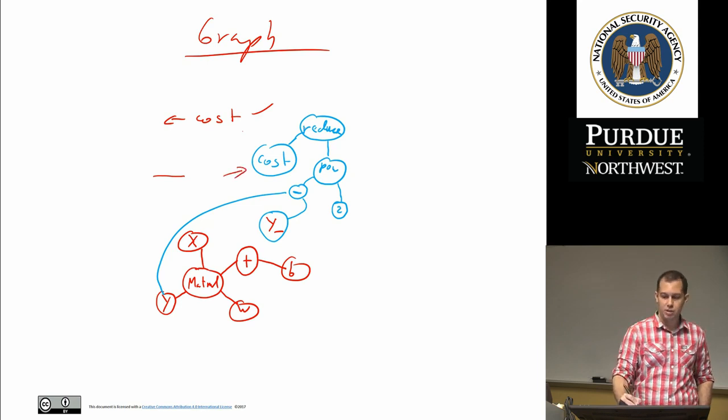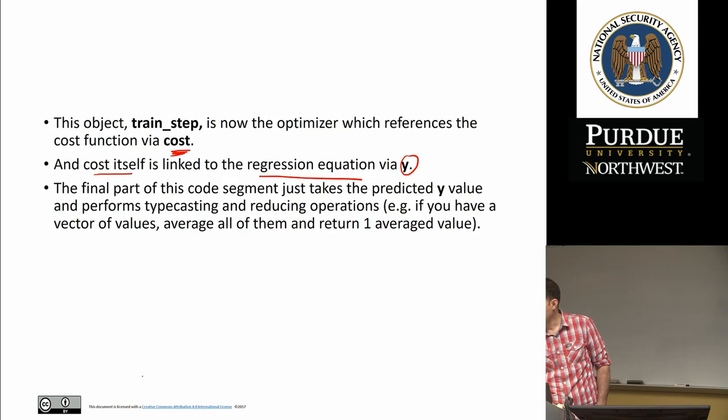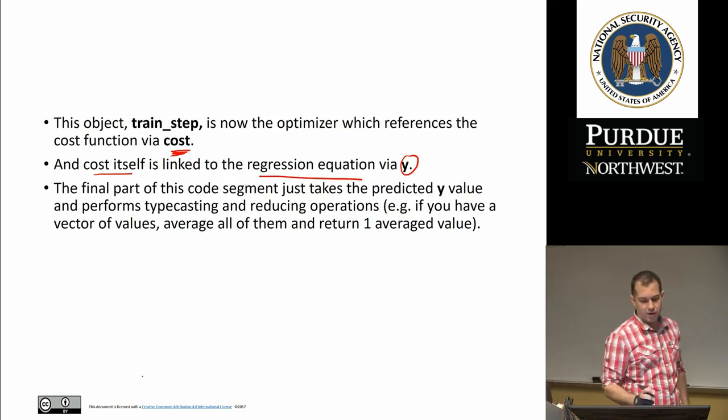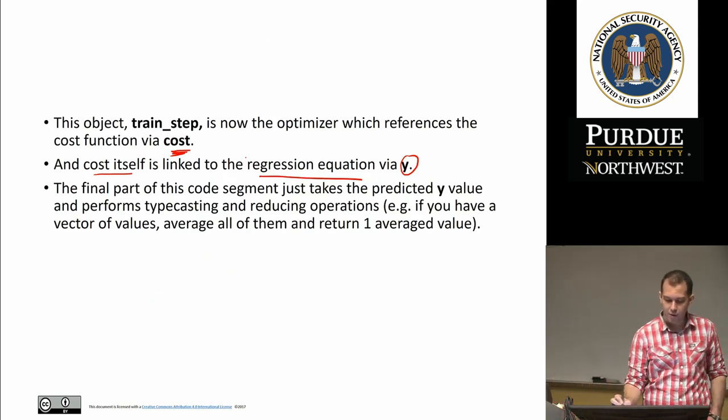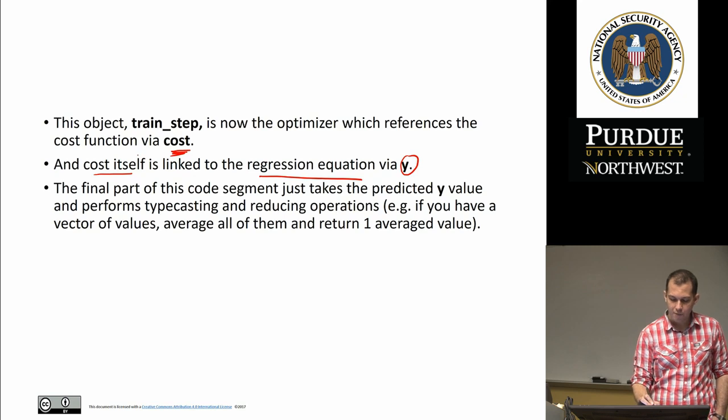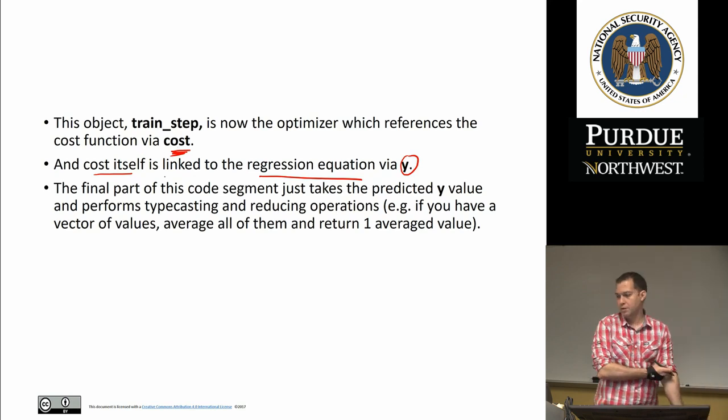And just remember that this cost defines, you can see here reduce power, where you minimize the sum of the errors of the real value data versus the predicted data. So this object train step is now the optimizer which references the cost function via the variable cost.